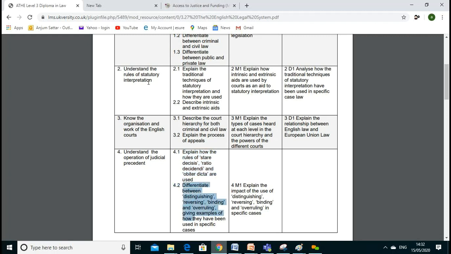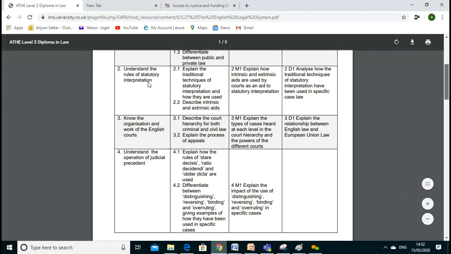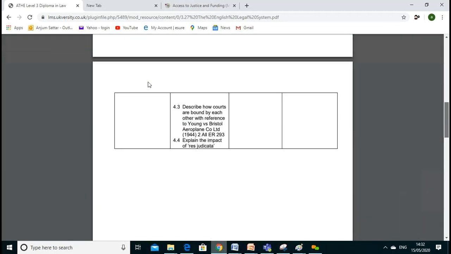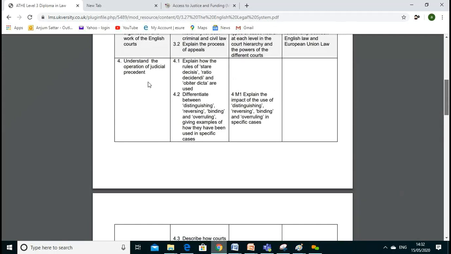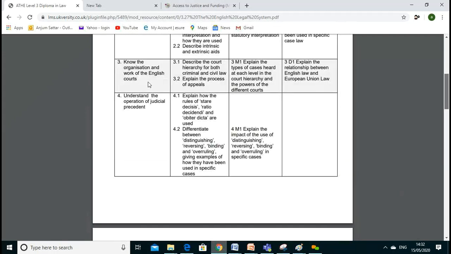As a law student, we should have some basic understanding. At level 3, we have 4 assessment criteria, plus 1 extra, which is M1 if you want to work towards merit.